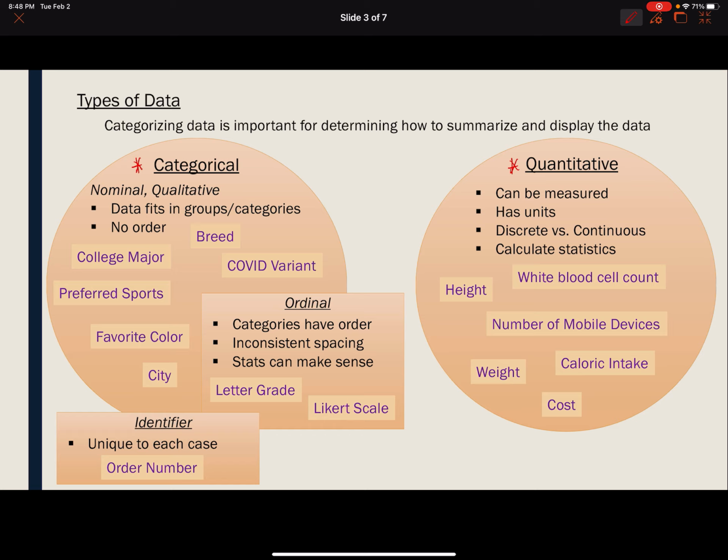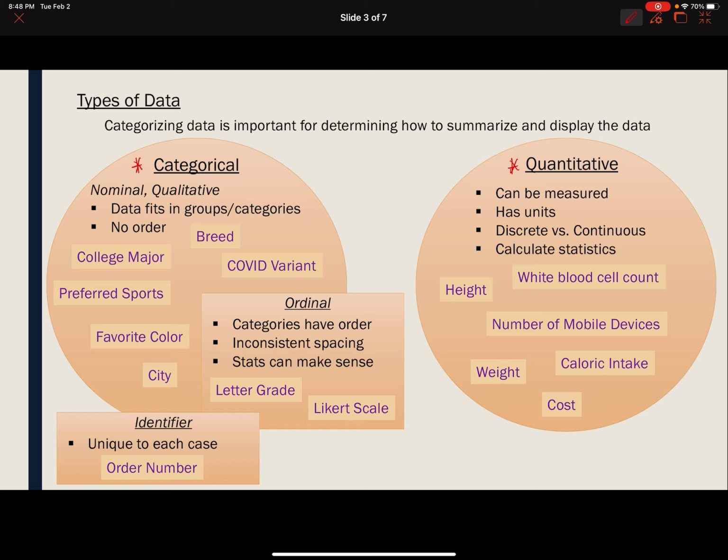on. The big thing with quantitative variables is that we can calculate statistics. Statistics like a mean or a median or a standard deviation. And a lot of times when I'm trying to decide if a variable is quantitative or categorical, I don't always think about whether or not it has units, and I more often think about whether or not it would make sense to calculate the mean for that variable.